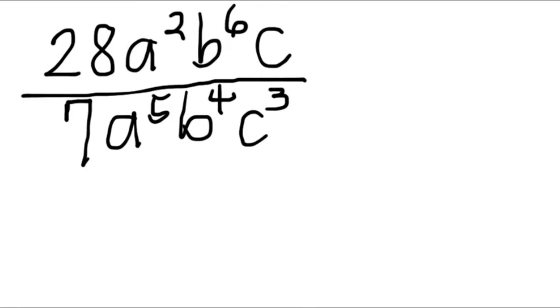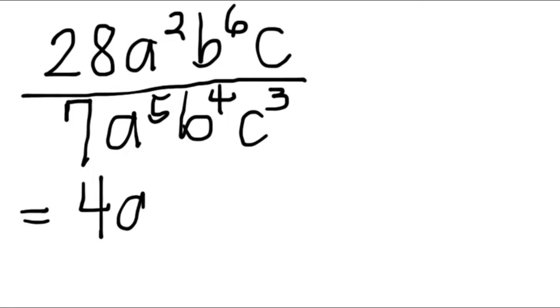Last example is 28a squared b raised to the 6th c all over 7a raised to the 5th power b raised to the 4th c cubed. So again, yung constant, i-divide lang natin. So 28 divided by 7, that is 4. And then the rest of exponents, subtract lang natin.